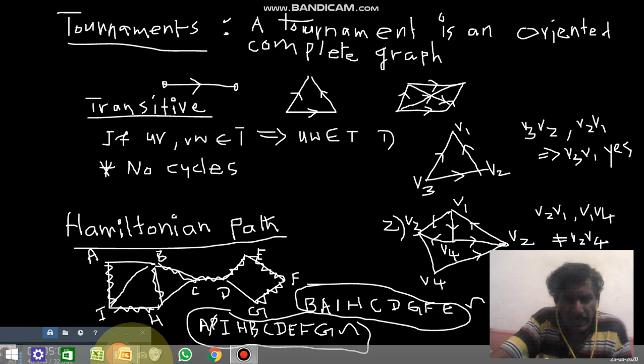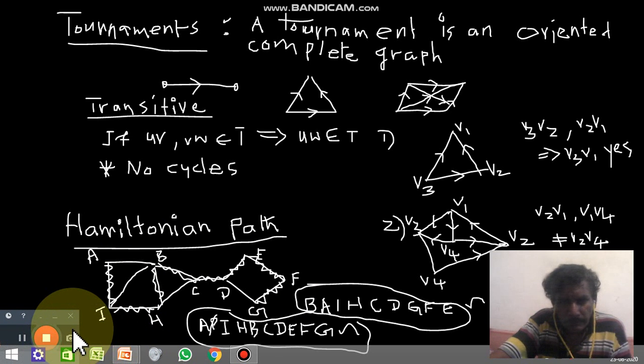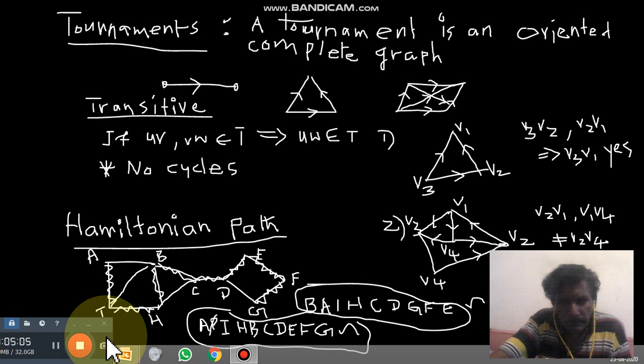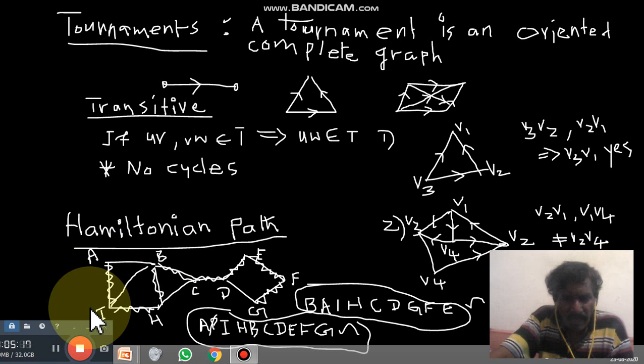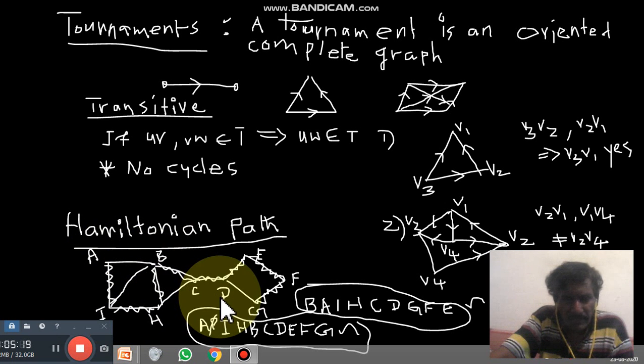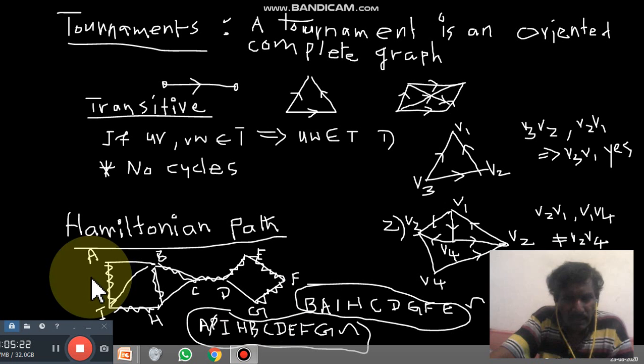You see a picture here, but of course the direction is not given here. A, B, I, H, C, D, E, F, G. This is what?